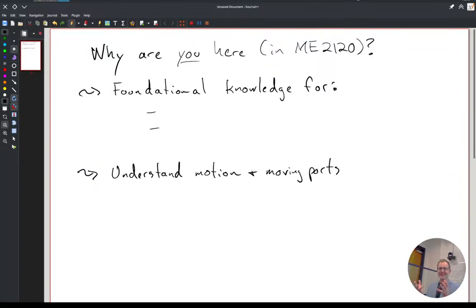There's a second law for a reason, and it's a law, not a recommendation. So foundational knowledge for even patent law, like understanding mechanisms. And that was one thing that came up: mechanisms and moving parts. I guess I wrote that twice, huh?